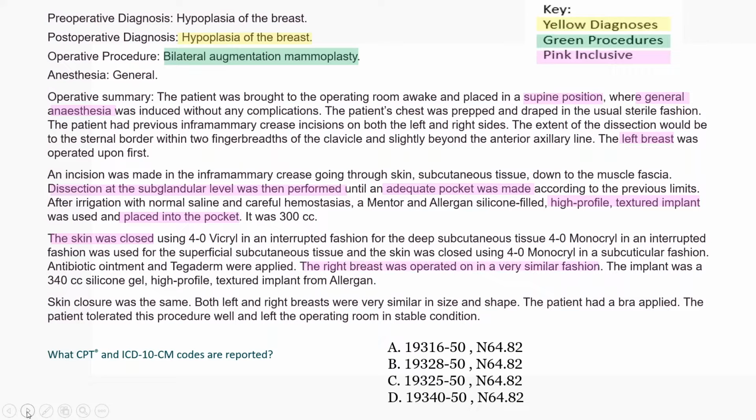The skin was closed. The right breast was operated in a similar fashion as well. The implant was a 340 cc silicone gel. And the correct answer to this question is option C, as many of you have said.